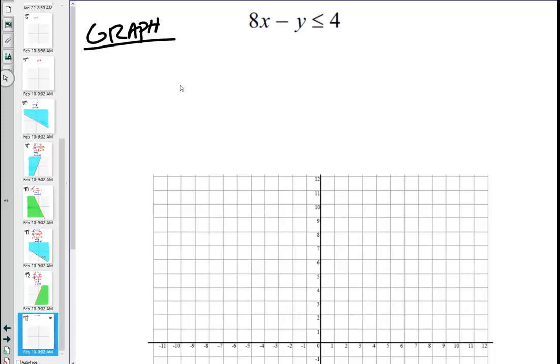Go ahead, Mohammed. What do you want to do first? Subtract the 8x. That sounds good. Mohammed, what's going to drop down on the left? Negative y. Don't forget the negative.